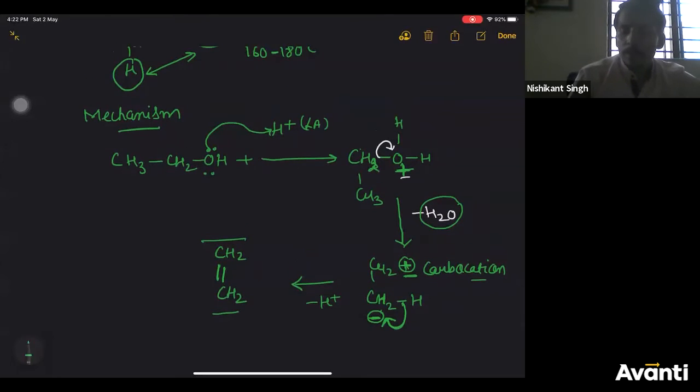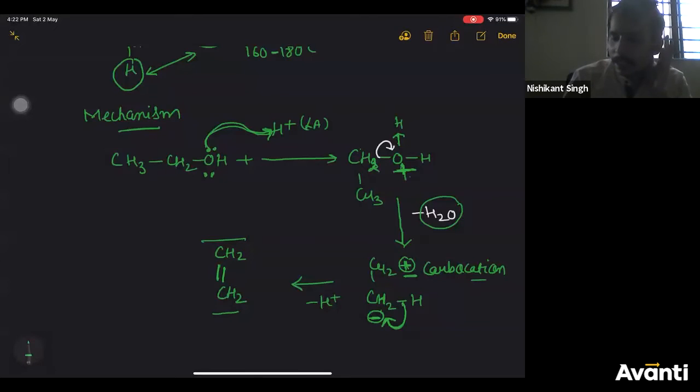Pritesh, very good. So alcohol OH is having a lone pair, it will donate the lone pair to H plus. I'll repeat again. Oxygen donates the lone pair to H plus, so oxygen will get a positive charge here, right?